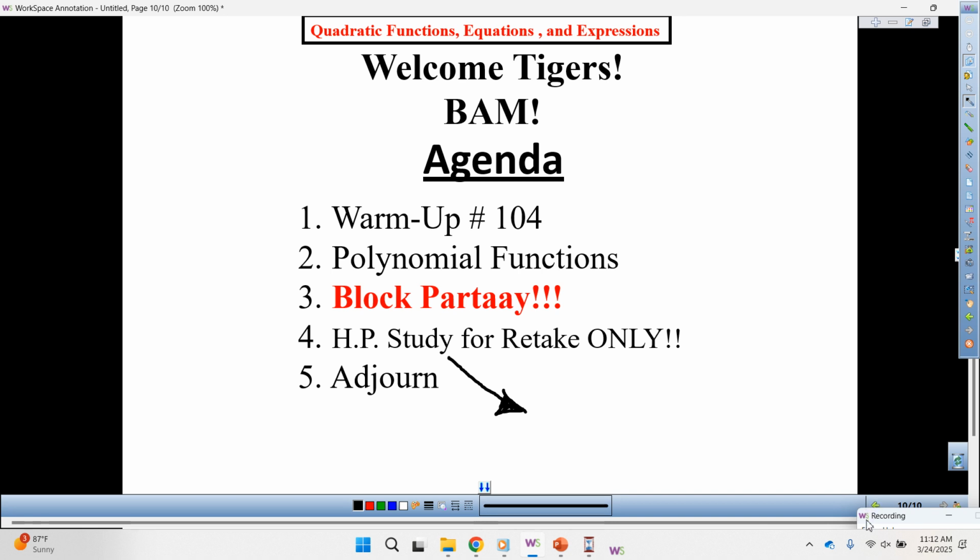Towards the end. Oh, so hold on, and towards the end you can pull that in. Yes.